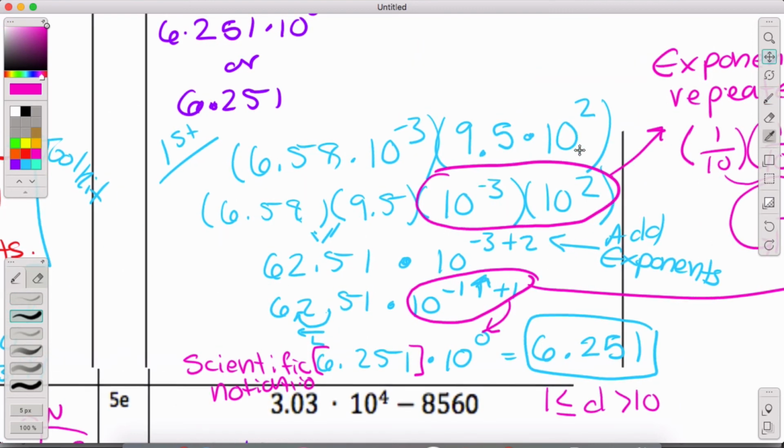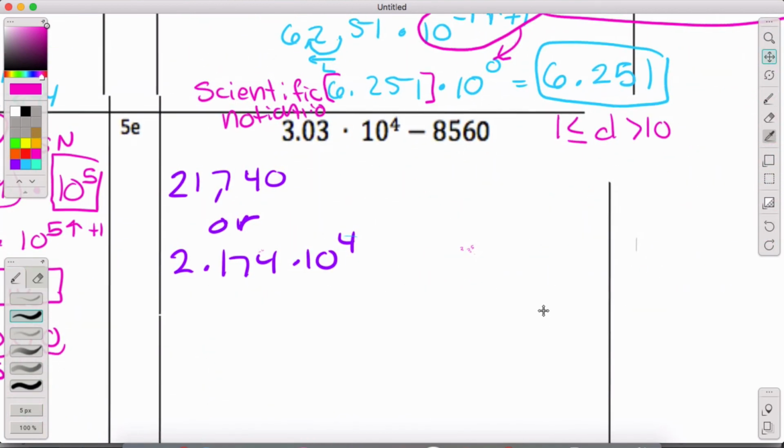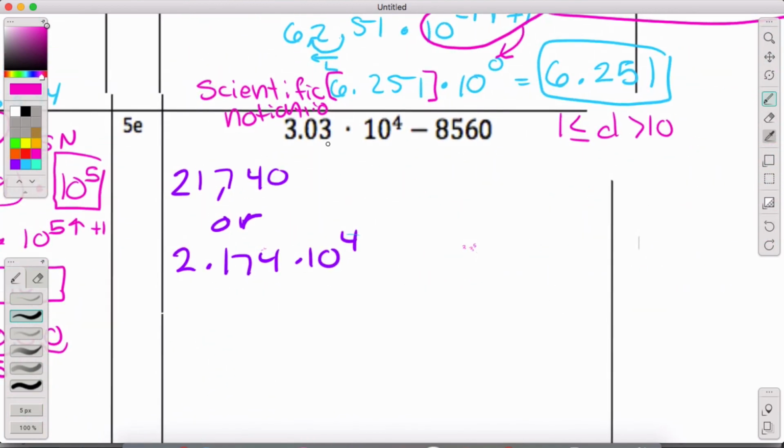Alright, so I'm actually going to skip 5D and go into 5E. I feel like this one's a little bit more important. So we have 3.03 times 10 to the 4th minus 8,560. So this one here, you're like, whoa, hold the phone. We have two different forms here. We have something in scientific notation and we have something in standard form. So you have two options.